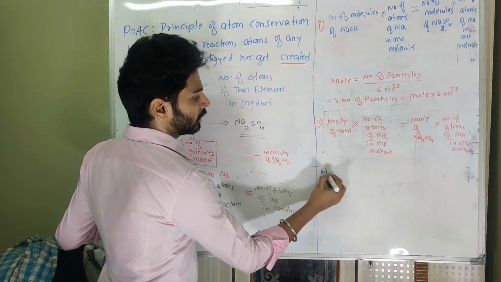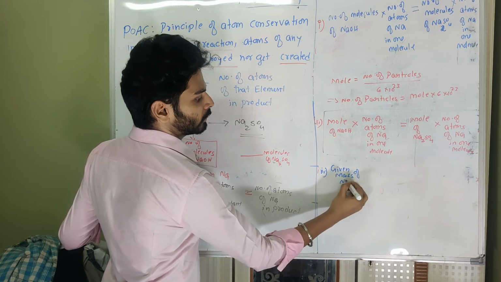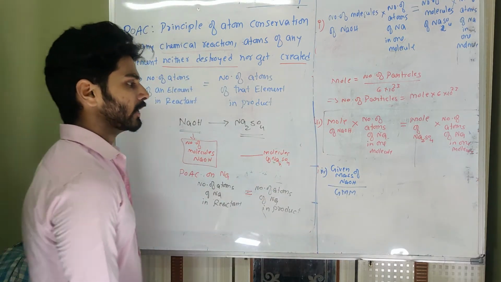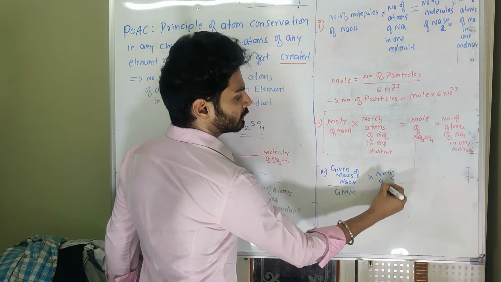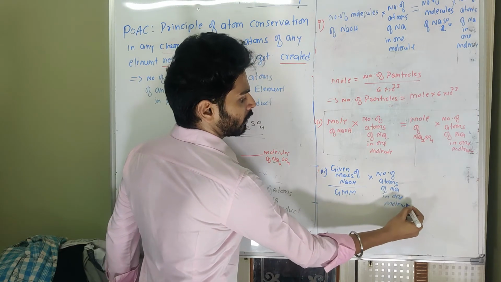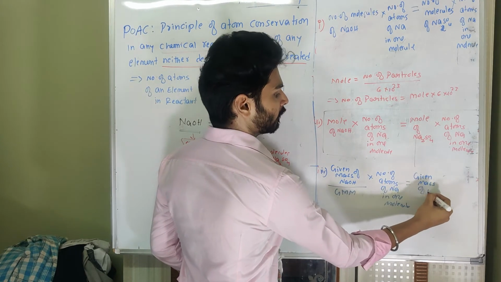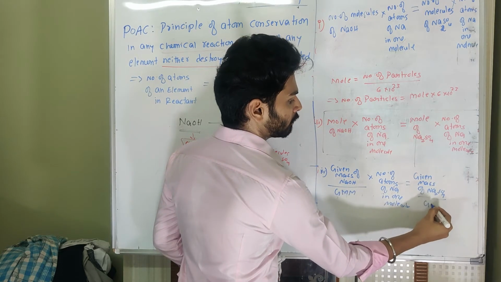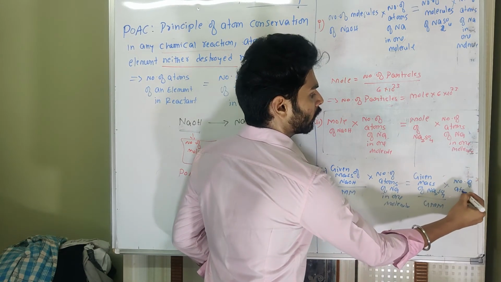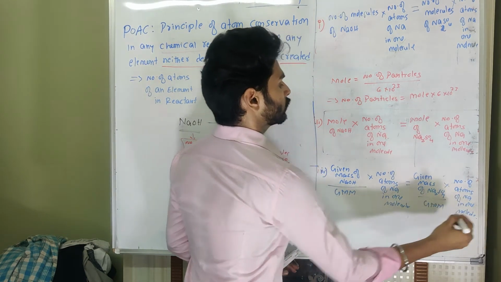Mole can be written as given mass of NaOH divided by gram molecular mass of NaOH, into number of atoms of sodium in one molecule, equal to, this can also be written as given mass of Na2SO4 divided by gram molecular mass of Na2SO4 into number of atoms of sodium in one molecule. So this is another formula.